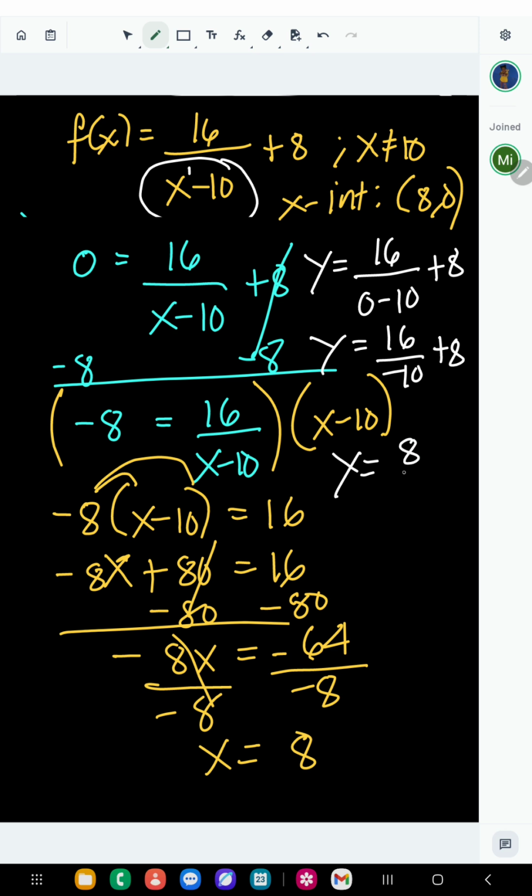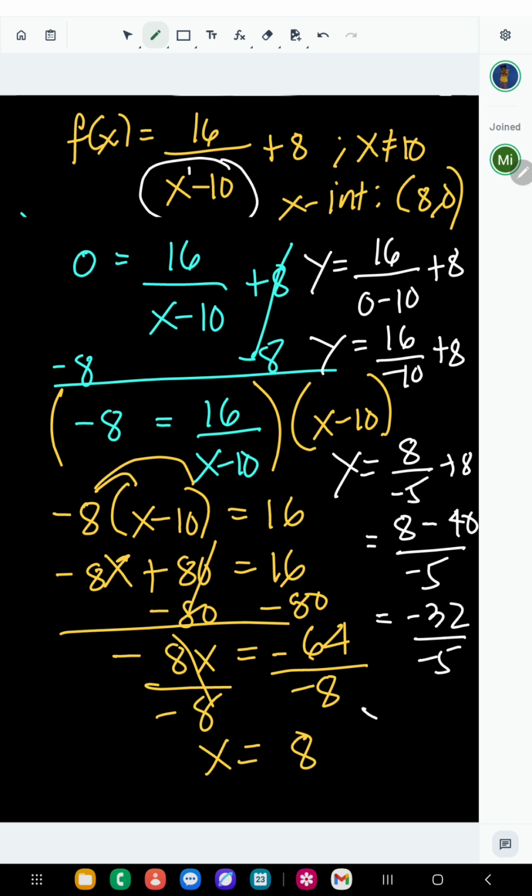So this is 8 over negative 5 plus 8. Then we get the LCD. Negative 5 times 8 is negative 40, right? So this is negative 32 over negative 5. Therefore, y is equal to 32 over 5. So the y-intercept is 0, 32 over 5.